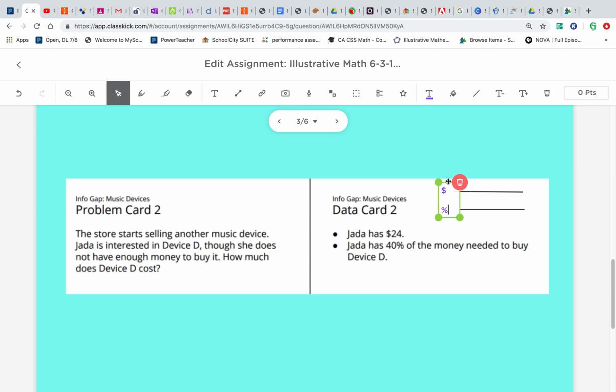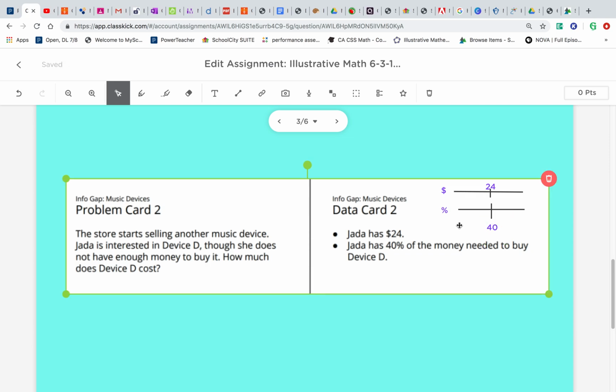With that established, if she has $24, we can put $24 on the number line. We know she has 24, and in this case, that actually is 40% of the money needed for device D. So these two align. $24 is 40%, right? So those match up.